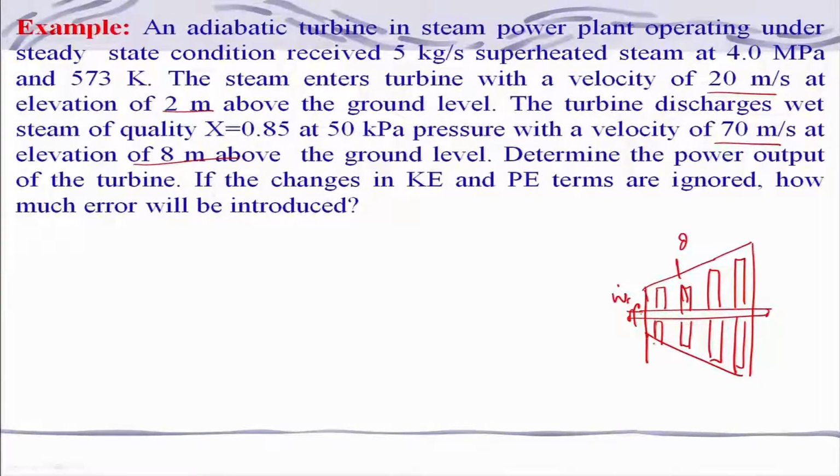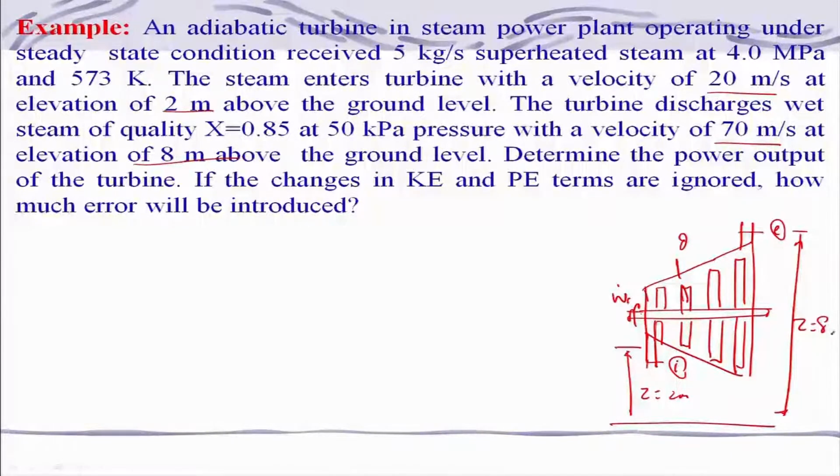There is an inlet here, and from the elevation, if I take, this is z equal to 2 meter at the inlet. And there is an exit, and the exit is z equal to 8 meter.